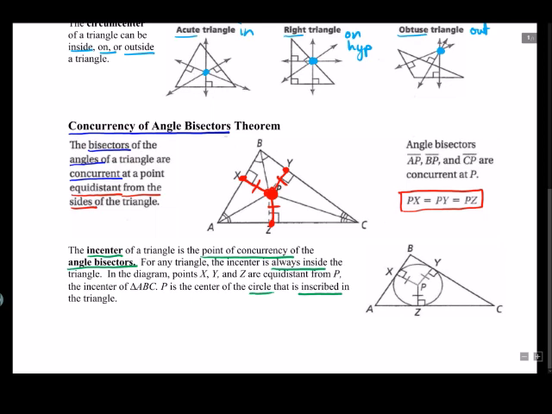So let's take a look here. We have our incenter, our point of concurrency of our angle bisectors, and we know that it is equidistant from all of the sides. That is going to give us a radius. We have all of our points here, and we can inscribe a circle.